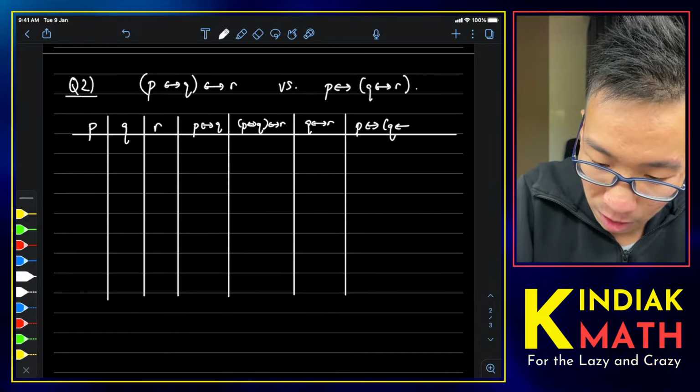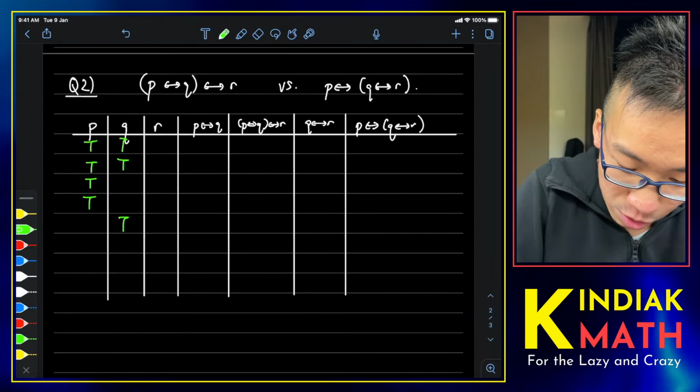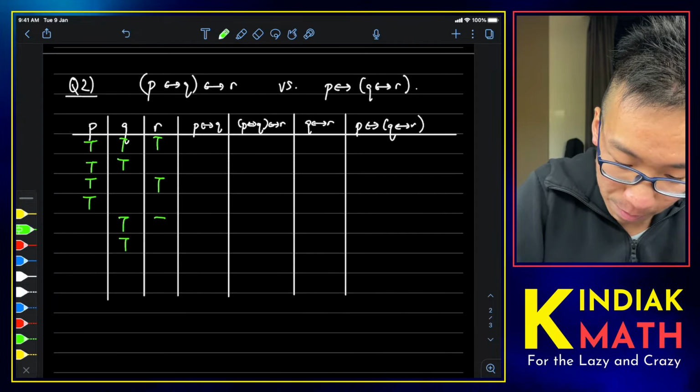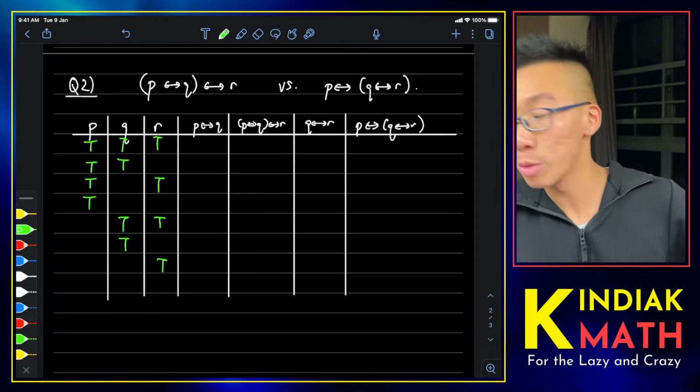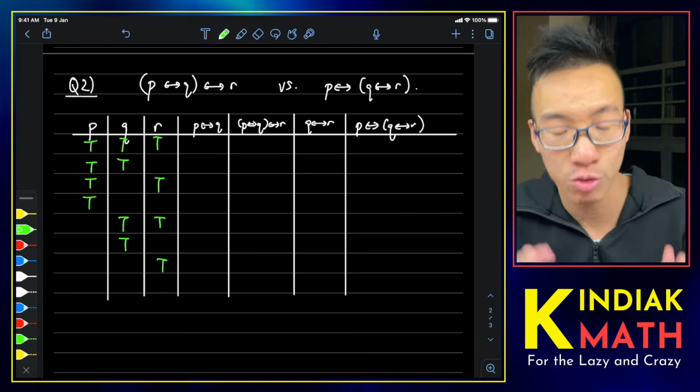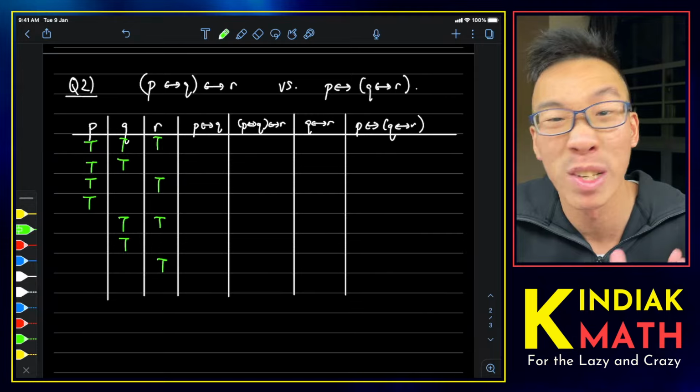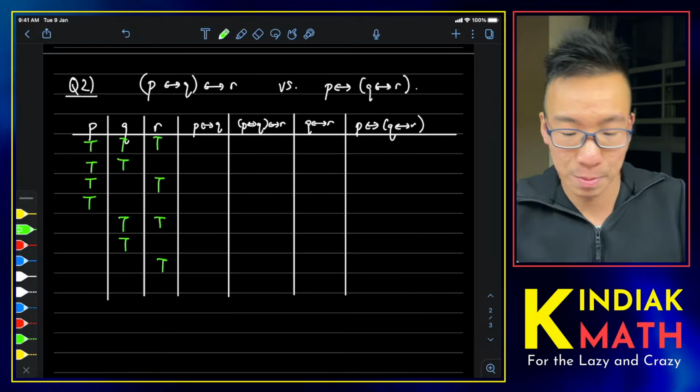Okay, so we are interested in these quantities. These are all the different possible truth values for P, Q, and R. And I'm just gonna plug in the true values here because I'm really lazy, right? I'm not gonna bother with the falses.